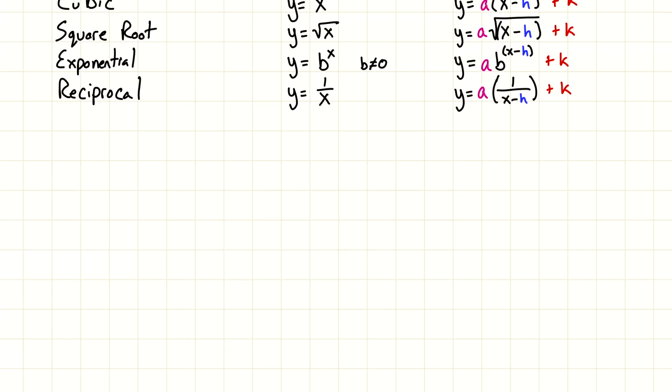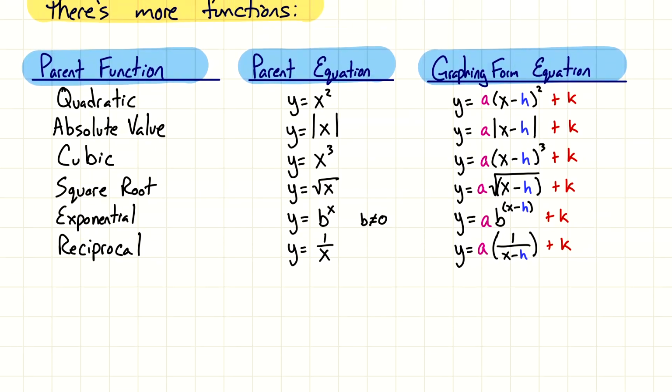You should be able to say, well, it has a locator point at 2, 4, and it's going to look like this. So you should be able to give me a sketch and a general idea of what's happening. Does it have a positive orientation? Does it have a negative orientation?